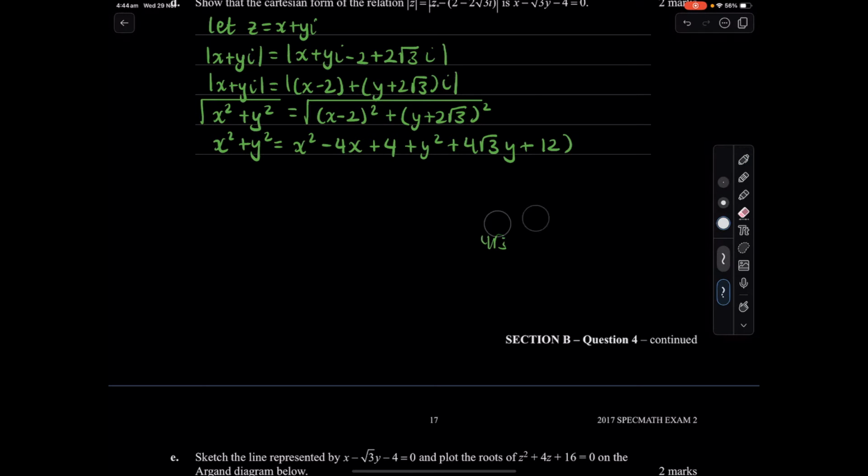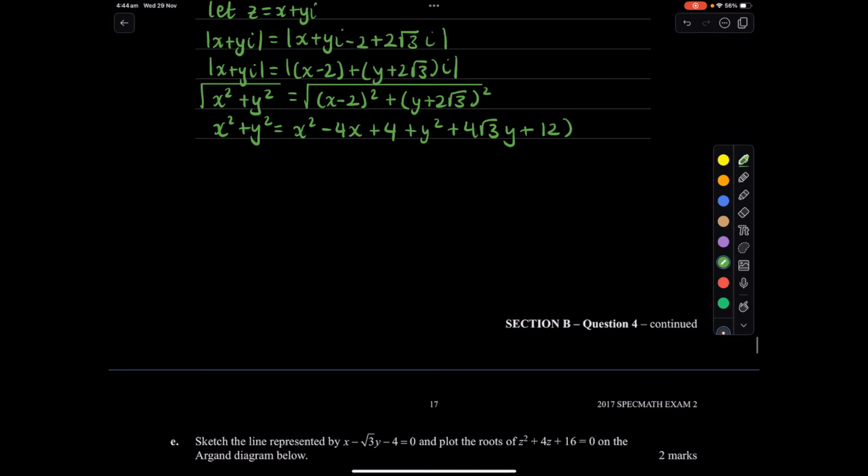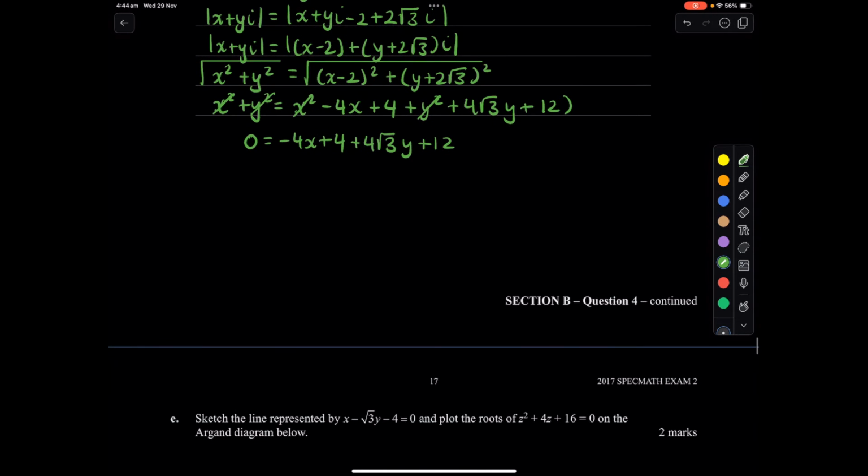Having this, we can cancel x squared from both sides and the y squared. So it'll be 0 equals negative 4x plus 4 plus 4 root 3y plus 12. We have that 12 plus 4 is just 16.